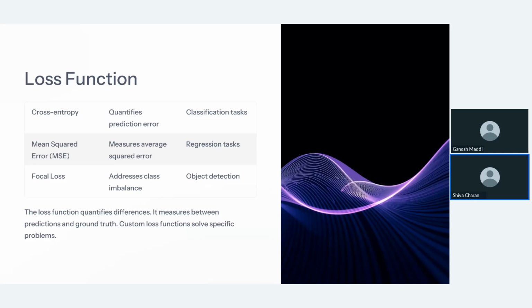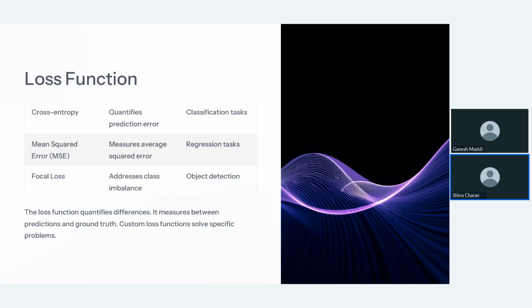Okay, loss function. So what are the loss functions here? Cross entropy, mean square error, focal loss. What is cross entropy? It will quantify the prediction error, and it is used for the classification task. Mean square error is for regression tasks. Focal loss is for object detection.